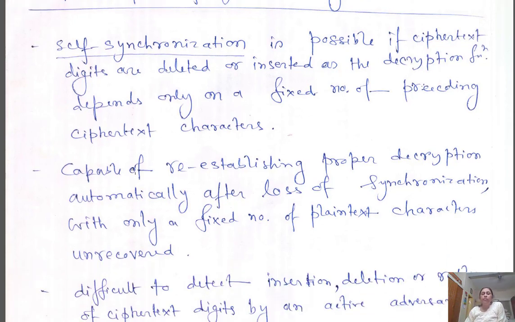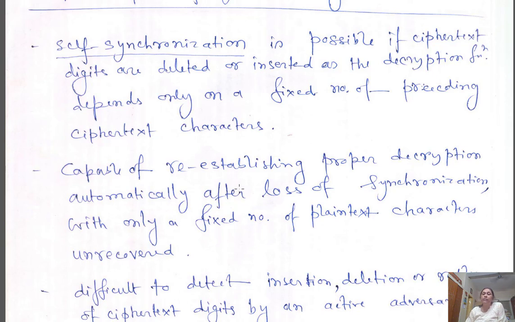So it is capable of re-establishing proper decryption automatically after loss of synchronization. Once synchronization is lost, it can re-establish it with only a finite number of plain text characters unrecovered. If some ciphertext digit is altered, T many plain text digits you will not be able to recover.